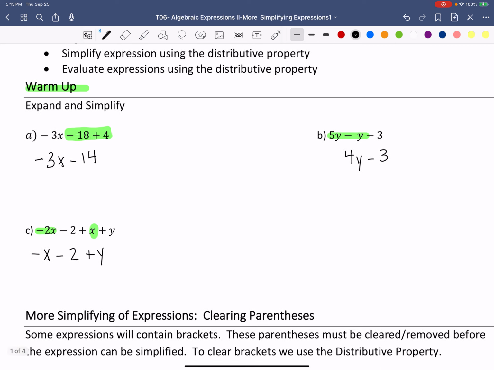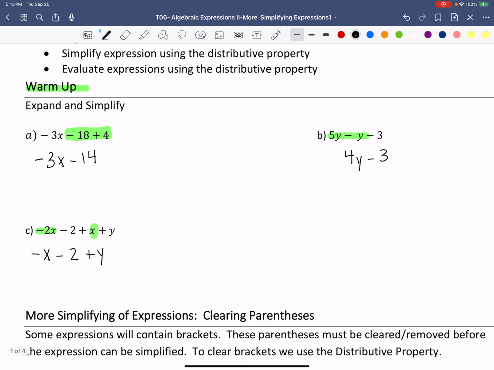So for the next 3 examples here, these 3 expressions, we are going to expand them, which means essentially to distribute the 3 into the bracket. So this is going to become 3 times x, which is just 3x, and then 3 times 4.